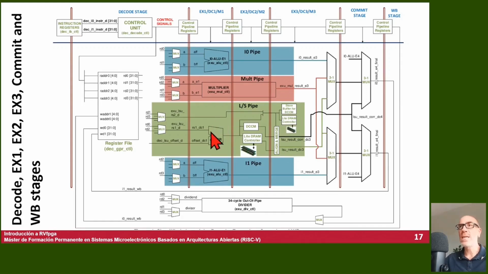The load store path calculates the effective address, accesses memory, and aligns and combines data in its 3 stages. Note that a 3-to-1 multiplexer at the end of the third stage selects data from one of the paths. The commit stage selects from 3 paths, and writeback provides the result to the register file for writing if needed.